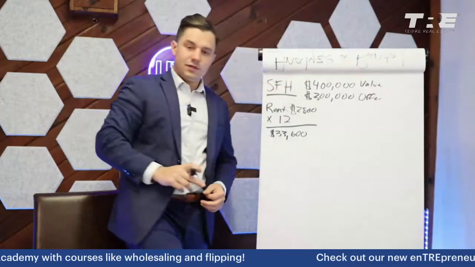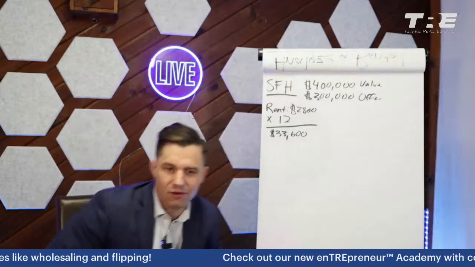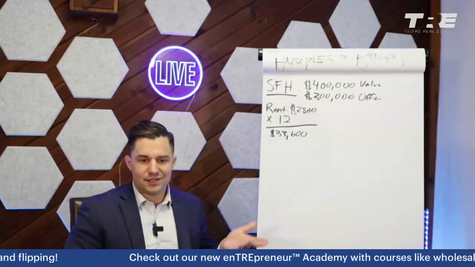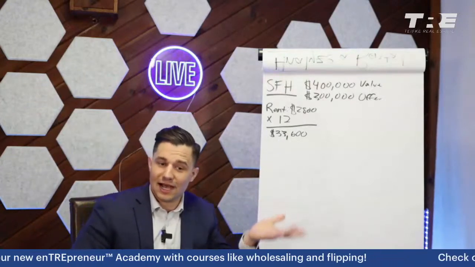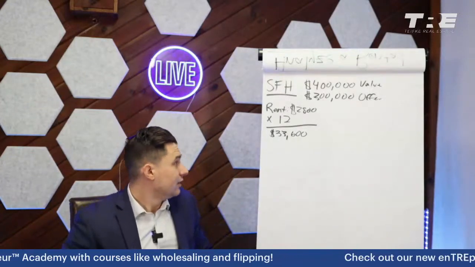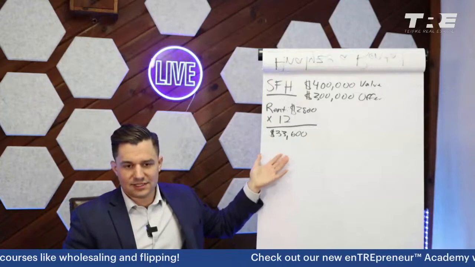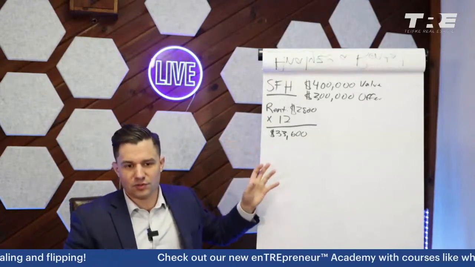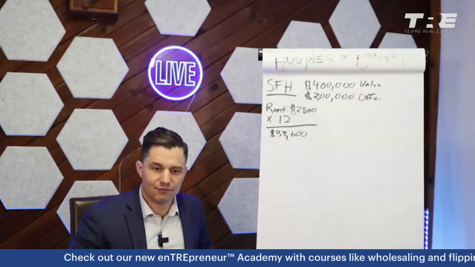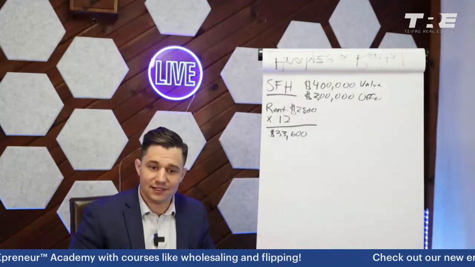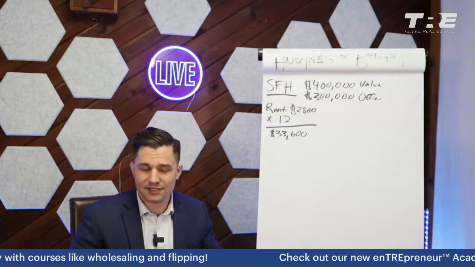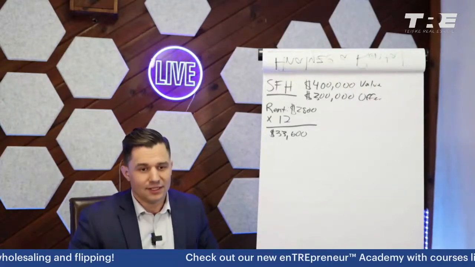All right, so with a single family home, it's either 100% occupied or it's 0% occupied. You either got a tenant or you don't got a tenant. So we're going to assume that this is occupied 100% of the time. If you're looking at 2 to 4 units, maybe 1 unit is vacant. So if 1 unit is vacant in a fourplex, then it's 75% occupied.